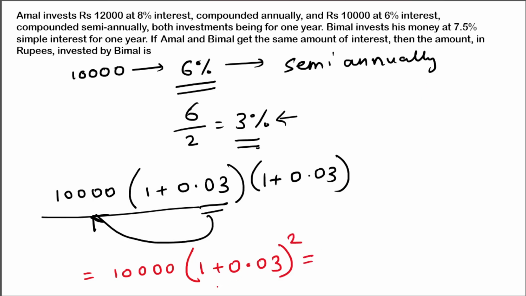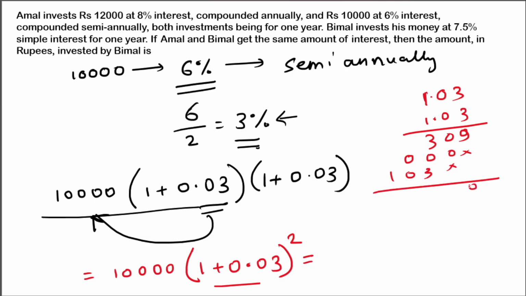Now this is 1.03. We will calculate 1.03 squared on the side. This is very simple. It will be 10609, and the decimal point will be placed accordingly.